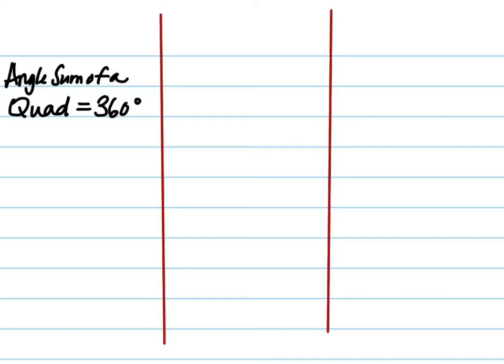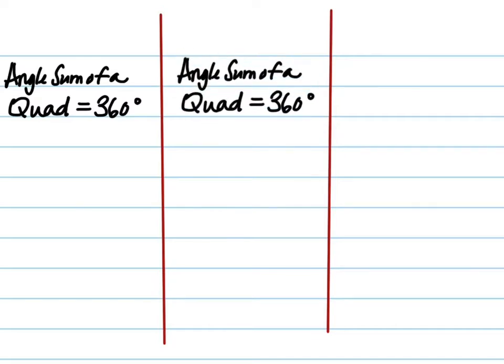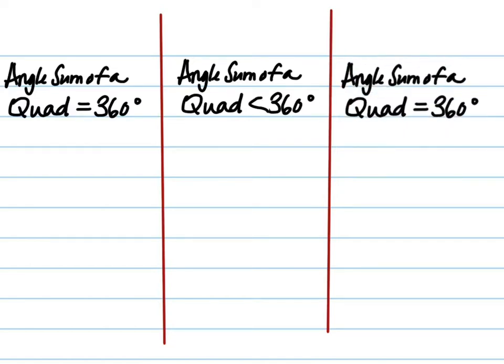So what happens when you do the angle sum of a quadrilateral in hyperbolic geometry? Yes, it is less than. I'm going to fix my sign. It's less than 360 degrees. And what about in spherical geometry? It's greater than 360 degrees, right?